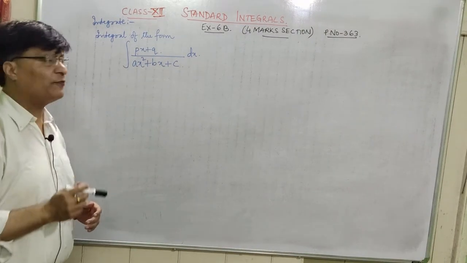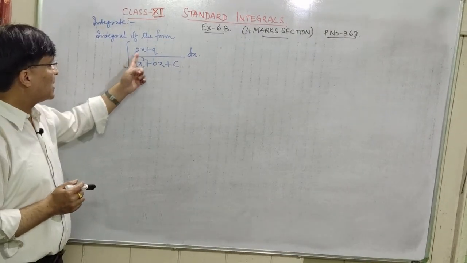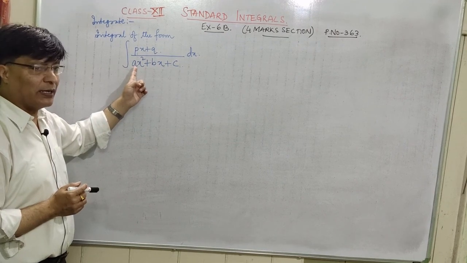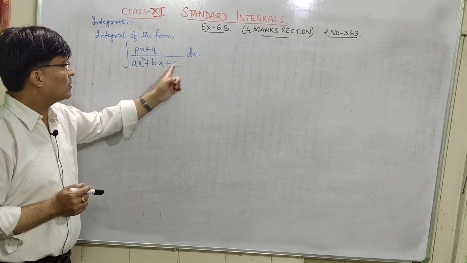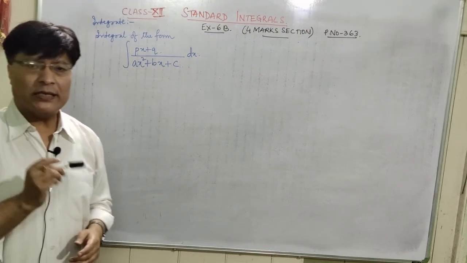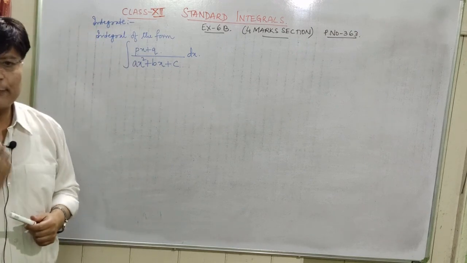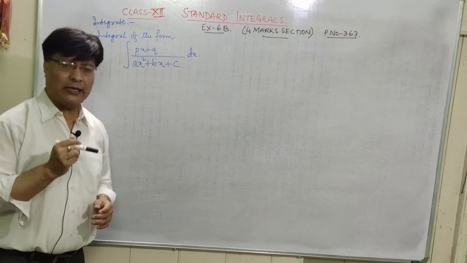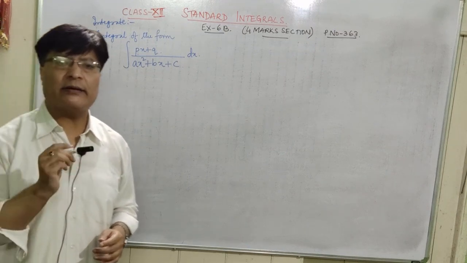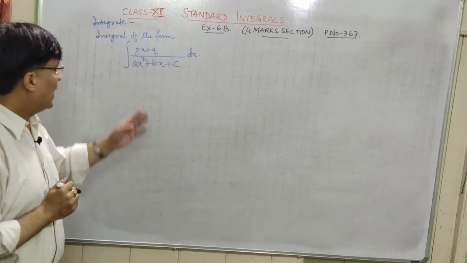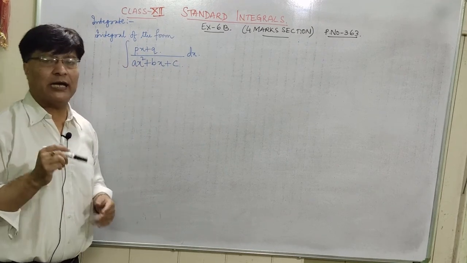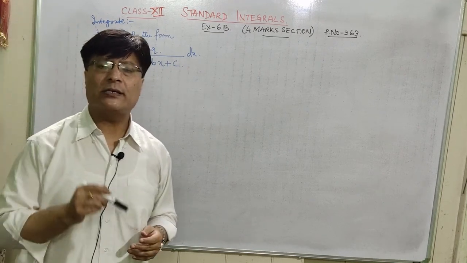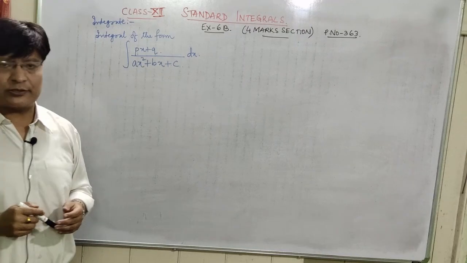So there is a method for integrating the integral of px plus q divided by ax square plus bx plus c dx. In this case, the highest power of x in the numerator is 1, that is px plus q, which is known as a linear expression in x. And in the denominator the highest power of x is 2, which is known as a quadratic expression in x.